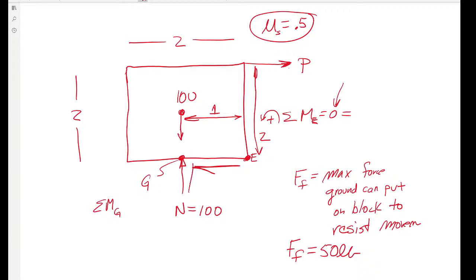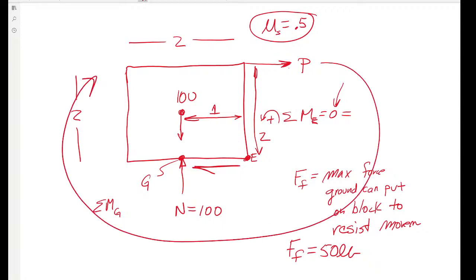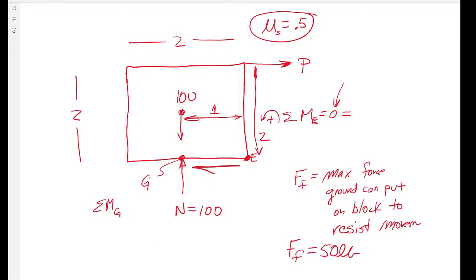This force and this force in the current drawing produce no moment, which means this is producing a moment about G. So what does that mean? Well, you know what that means? That means that naturally this point becomes moving to the right.